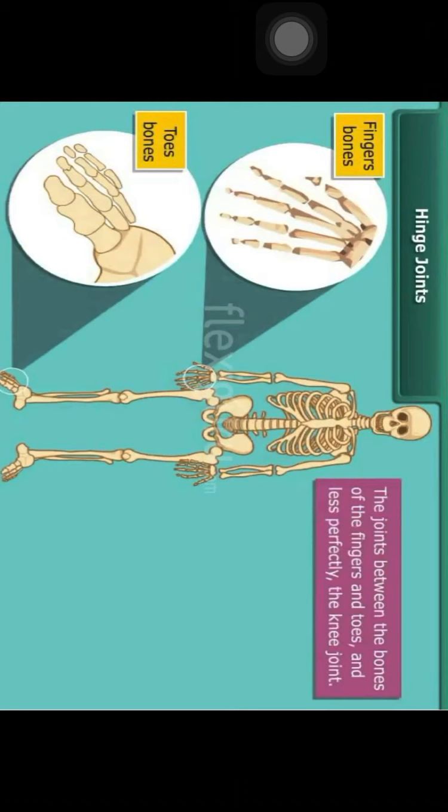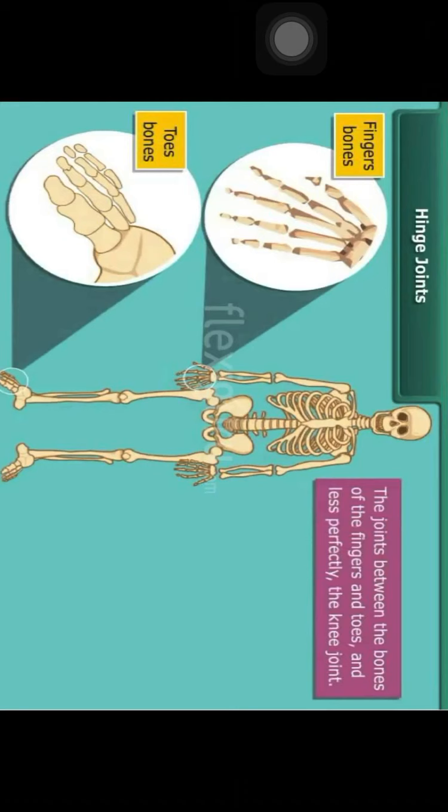The next example of a hinge joint in the body is the knees. You can bend the knees in the backward direction. You cannot bend them in the forward direction. So here also only one direction of movement is allowed.